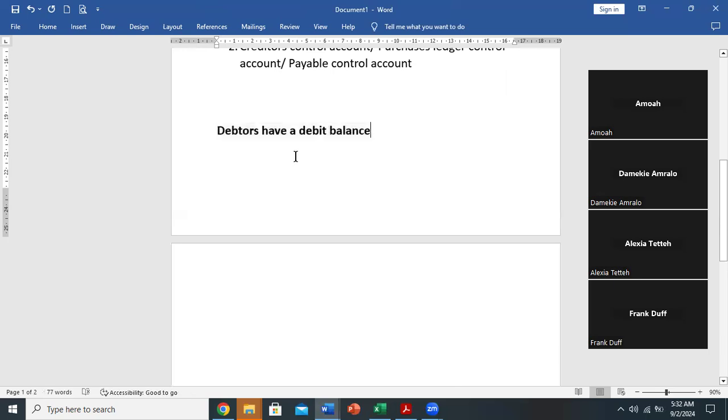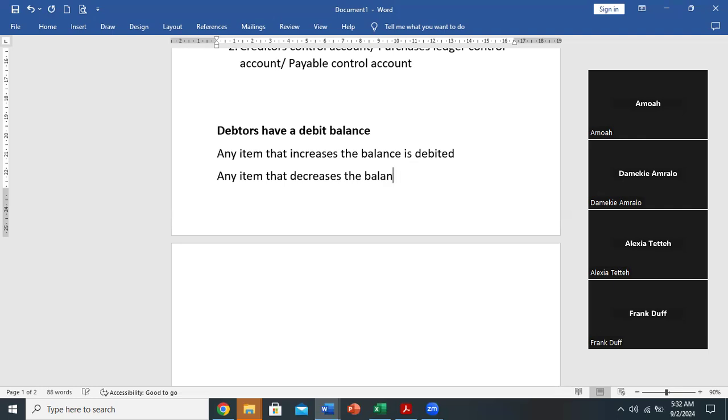So we are saying that any item that increases the balance is debited to the account, and any item that decreases the balance is credited.